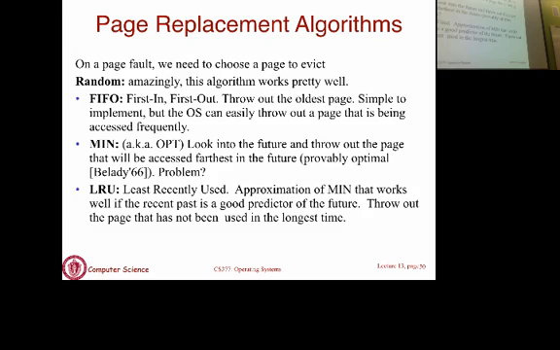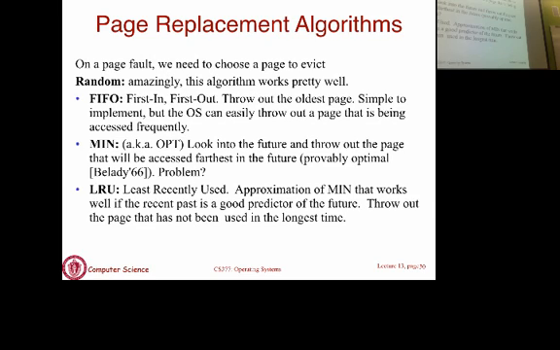So what does first come first serve, or FIFO, do? Okay, FIFO says throw the oldest page out when a new page comes in, so you keep a timestamp on each of the pages. Whenever you bring a page in, you take the current time and say this page was brought in at this time. So every page has a timestamp that says when that page was brought in.